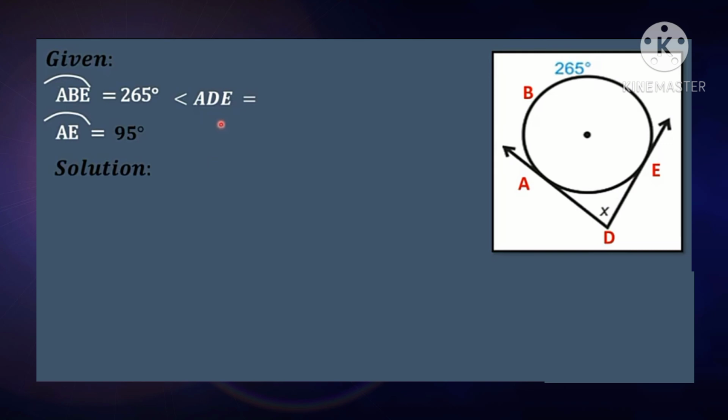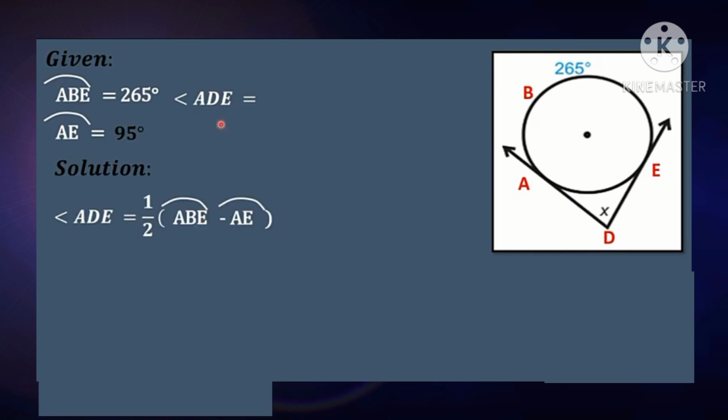Since we now have the two intercepted arcs, we can identify the value of angle ADE. That will be angle ADE is equal to 1/2 of arc ABE minus arc AE. We now need to substitute the values.